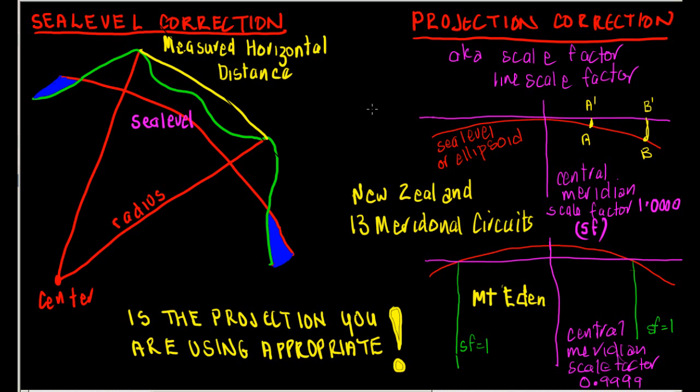Having reduced our slope distance to the horizontal, but at the height that we are observing, which I've represented here with the yellow line, we now have to reduce our measured horizontal distance to sea level, because in our cadastral system and most of our mapping systems we represent things as if they were at sea level.